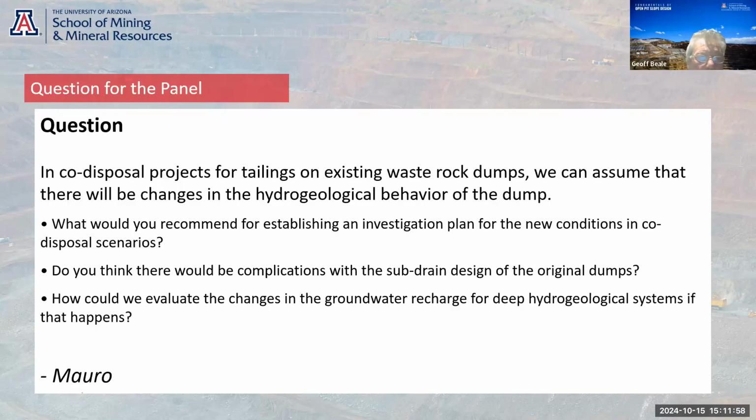Co-disposal depends very much on how you do it, whether you've got a low solids tailings or a thickened tailings. If you've got a thickened tailings, there's obviously less need to be concerned about the water. If you've got a low solids tailings, where you're running, let's say, 40% solids, some people actually put liners beneath that.